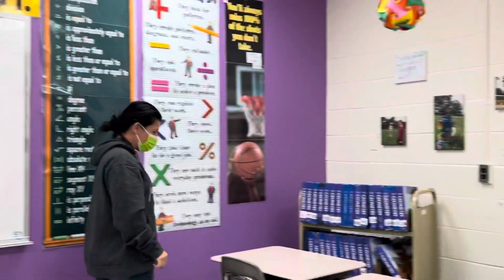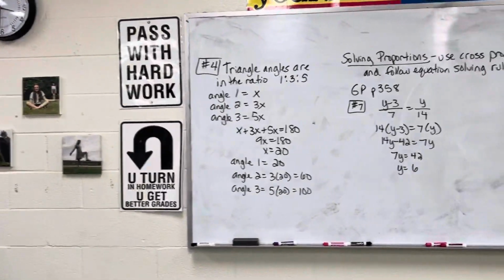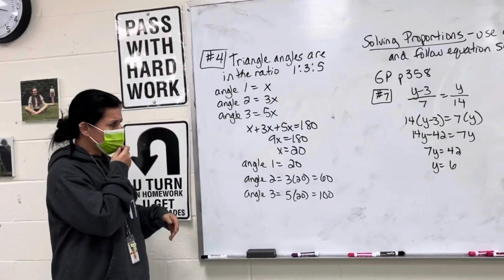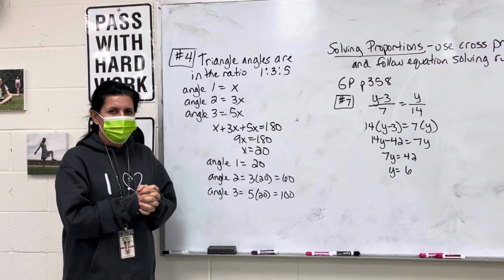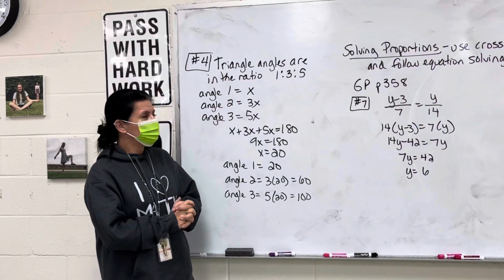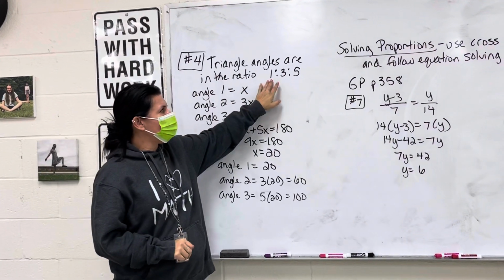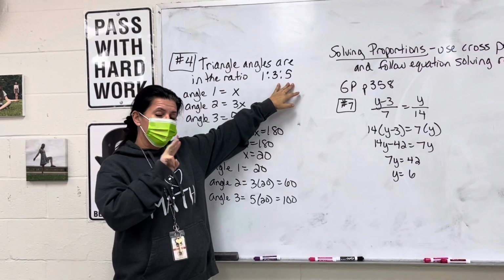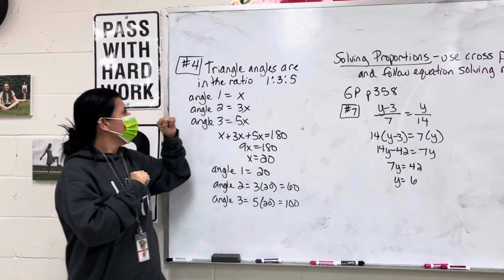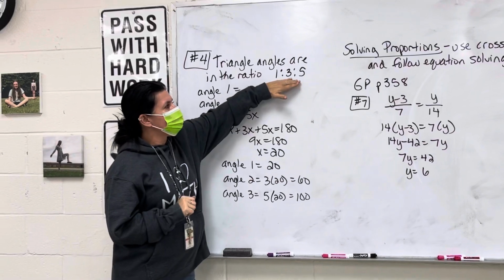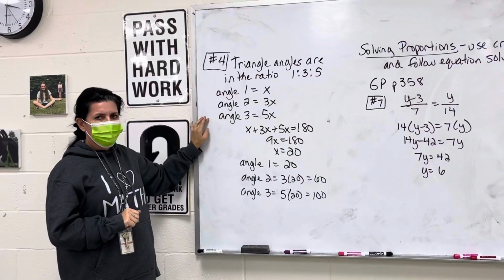I have another example with triangles. Being that we spent a lot of time on triangles, we should know that the sum of all the angles of a triangle add up to 180. This says the triangle angles are in the ratio 1 to 3 to 5. Those are the 3 angles of a triangle. So we're going to use this to define those 3 angles.